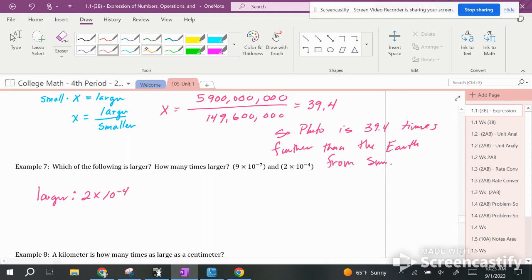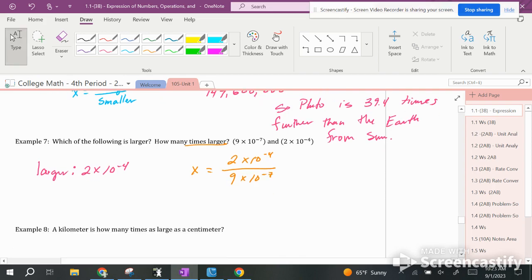The second question says, how many times larger? How do I find times larger? The larger one goes on top. So 2 times 10 to the -4 over 9 times 10 to the -7.